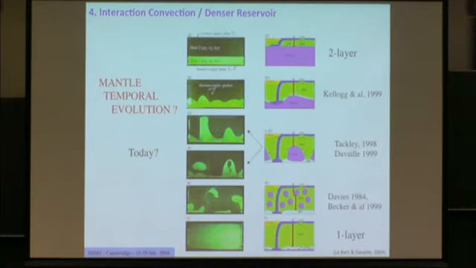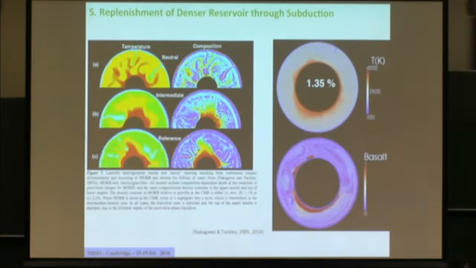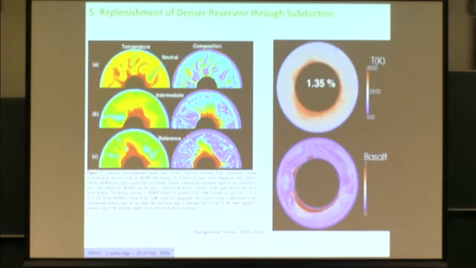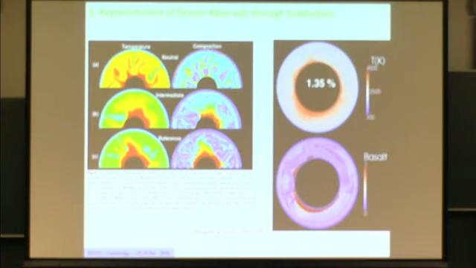So I wanted to show you just two slides about the problem of the replenishment of this denser reservoir through subduction. And there have been almost no experiments with that, but the numerical simulations have been very active in the last 10 to 20 years to try to understand what's going on.